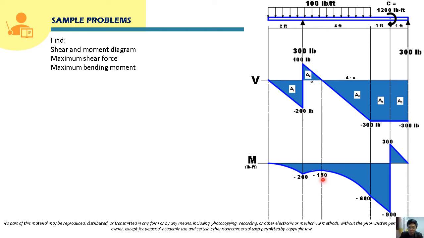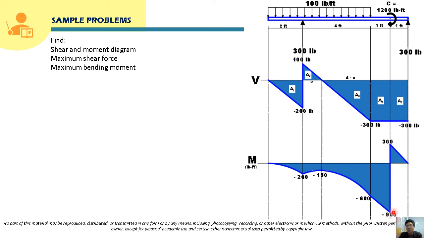So negative 150 will be at this point. And then the next one at this point, so this is x equal to 6. The moment here, class, is negative 600, so it will be plotted here. And then the moment at x equal to 7 is negative 900, so it will be plotted at this point.